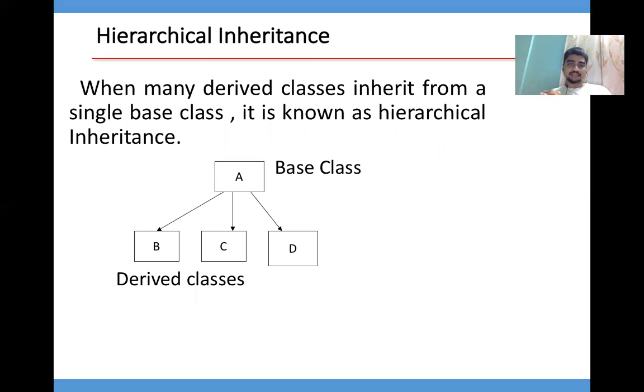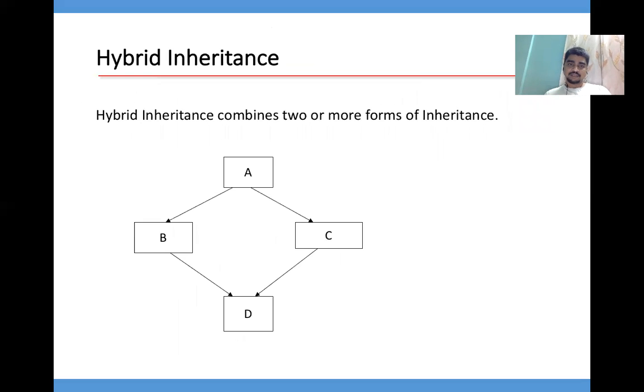Hierarchical inheritance is when many derived classes inherit from a single base class. The base class is class A, and you have lots of different derived classes from A. This is called hierarchical inheritance. And hybrid inheritance is a combination of two or more forms of inheritance.